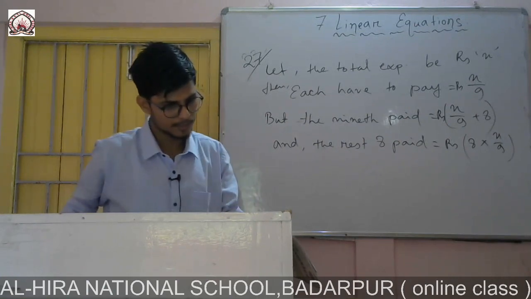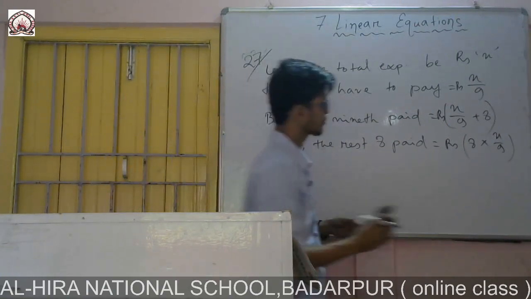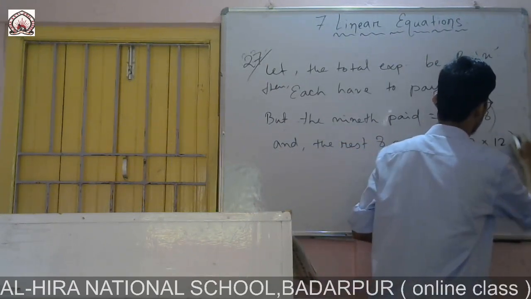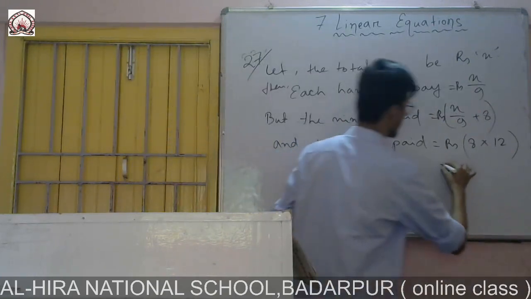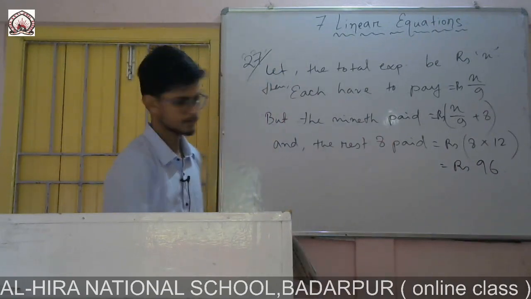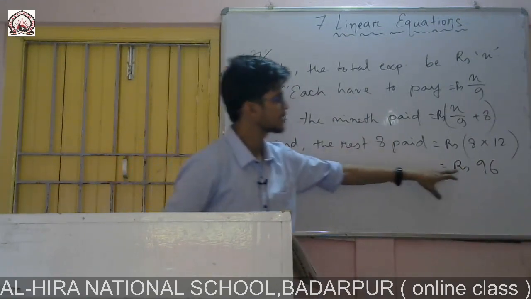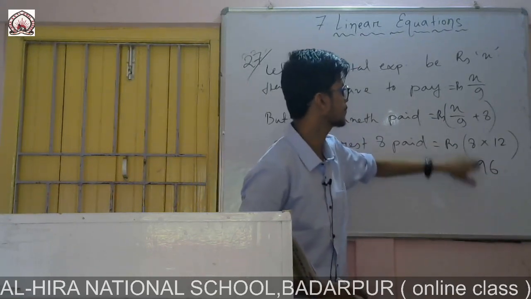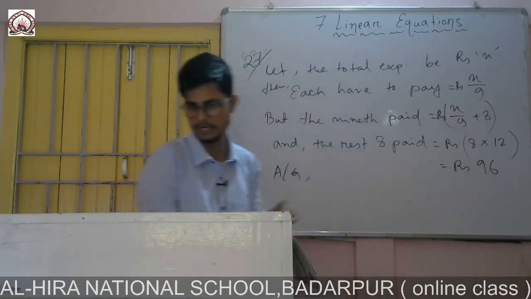Oh, sorry, it is given that 8 of them spent 12 rupees over their meals, so 8 into 12, which is equal to 96. So 8 of them paid this much. So according to the question, this one plus this one will be the total expenditure.